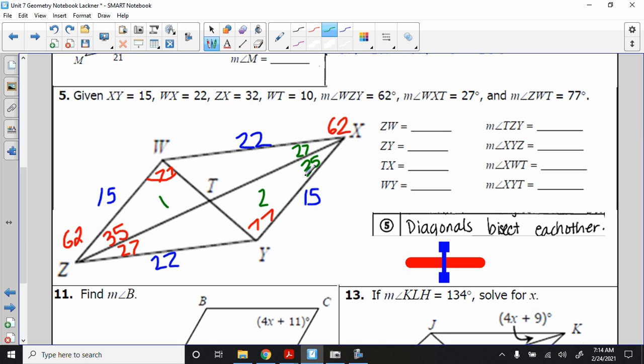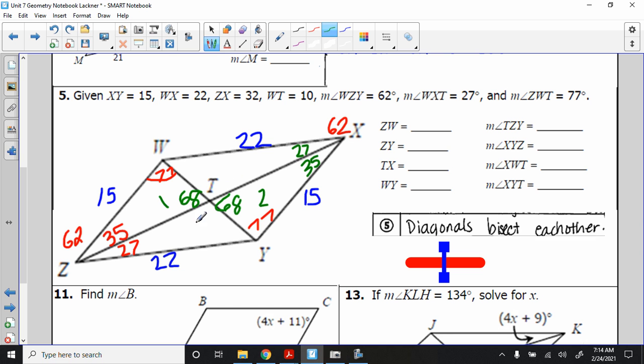You have 2 of the 3, and you've worked with triangles long enough, and you can find that third angle. 180 minus 77 and 35 is 68. So these two are 68, and they are vertical.